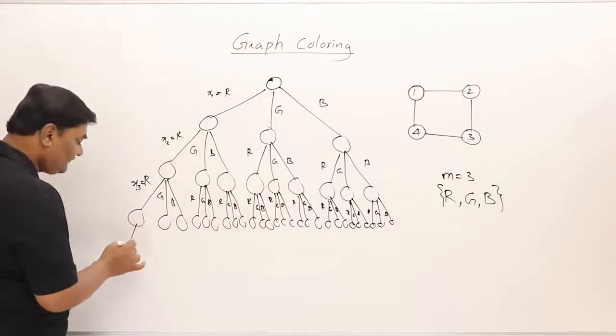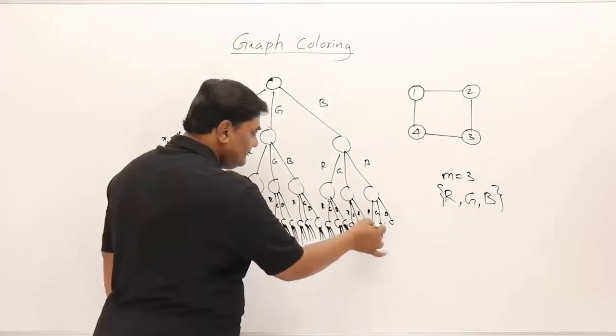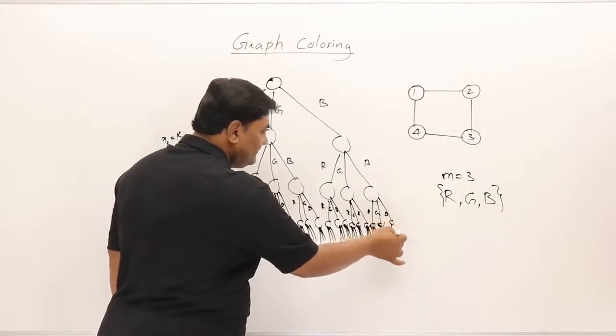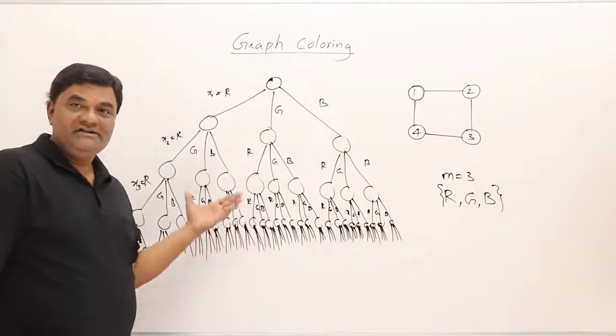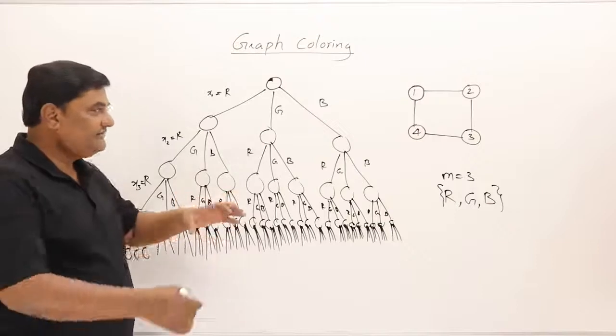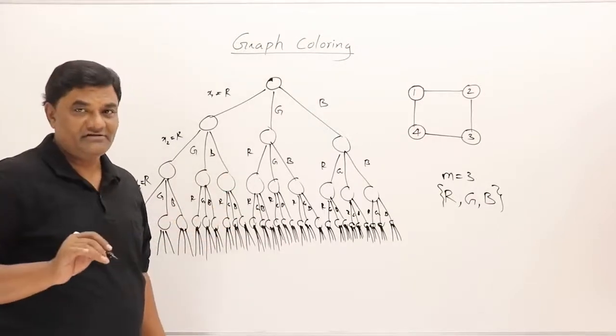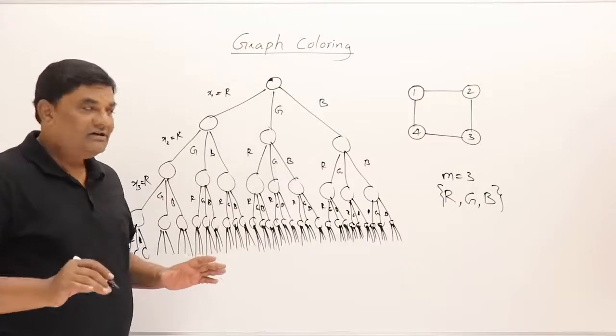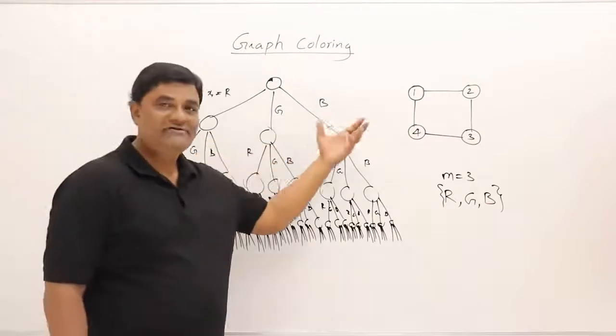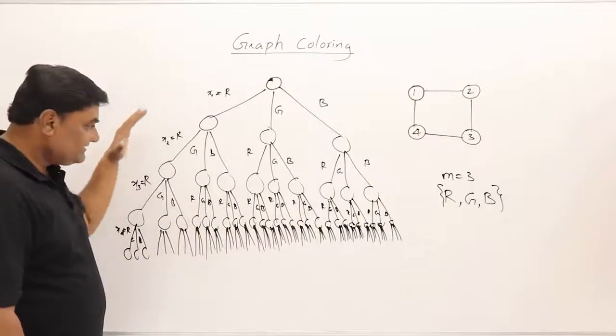Now I will fill for the fourth vertex. Now this tree is showing all possibilities in which I can color them without checking the adjacency condition, without checking any condition. Means the neighboring vertices can have the same color also. So this is the possibility.